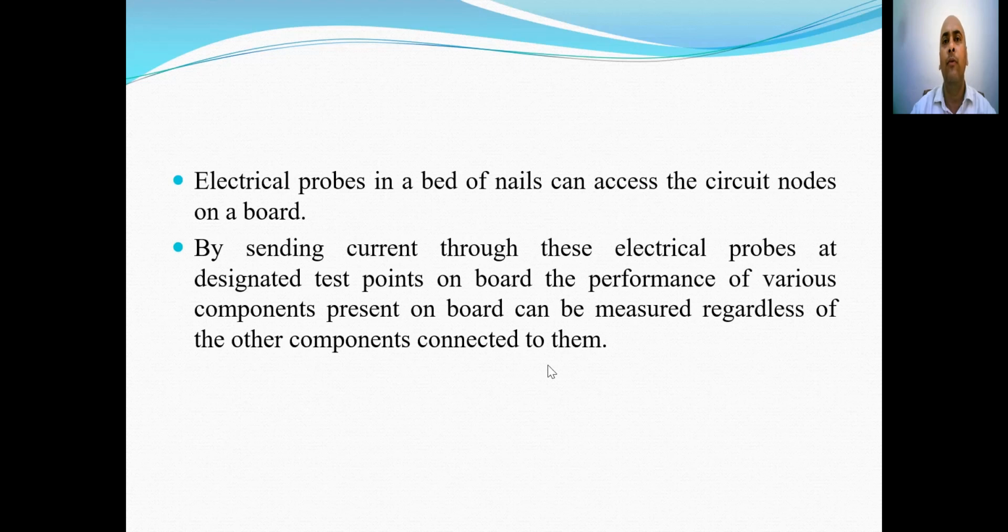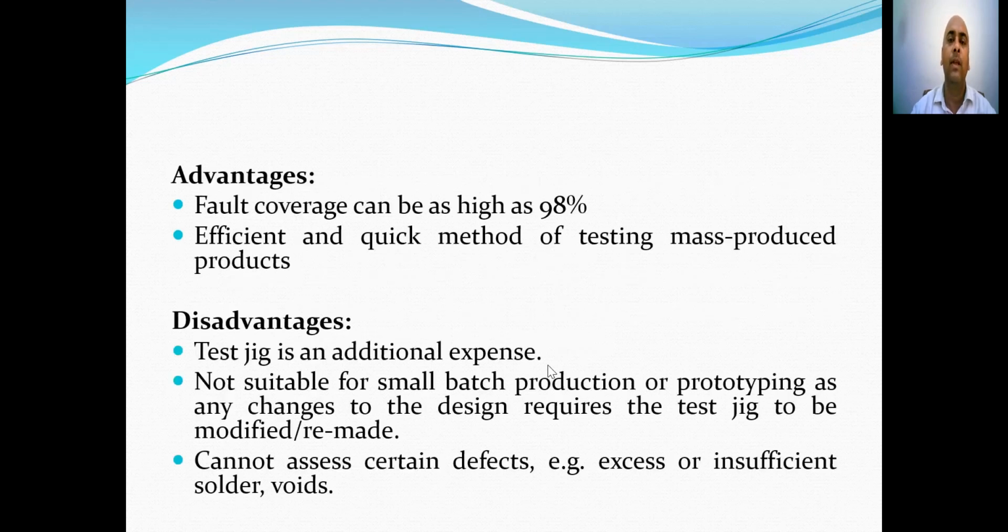The advantages of this method include, first, that its fault coverage can be as high as 98%. That is, it can detect most of the faults in PCB. Second, it is an efficient and quick method of testing mass product.